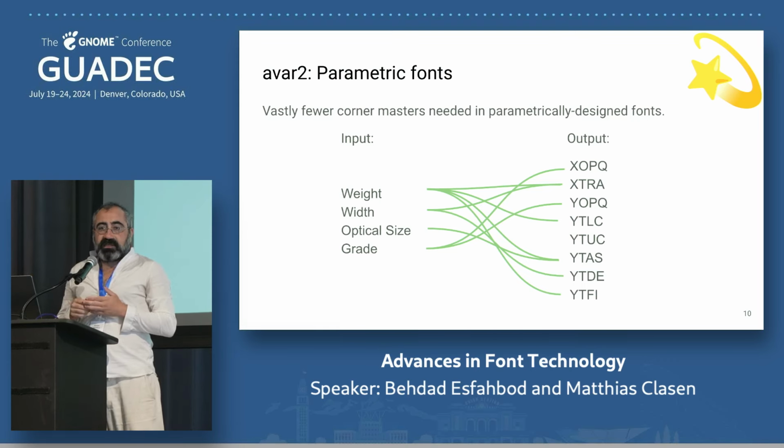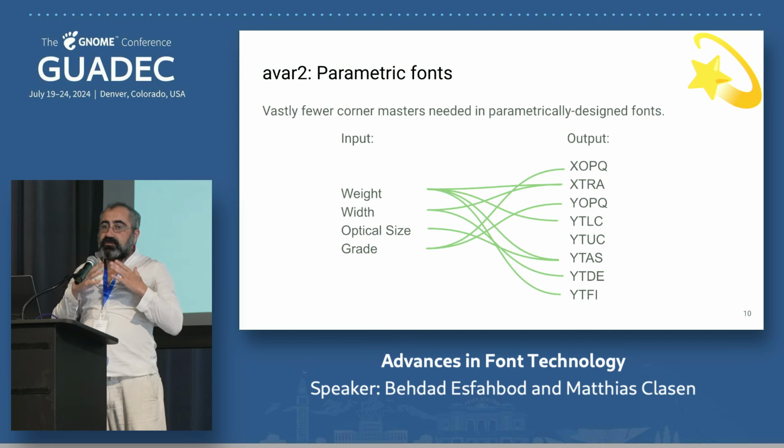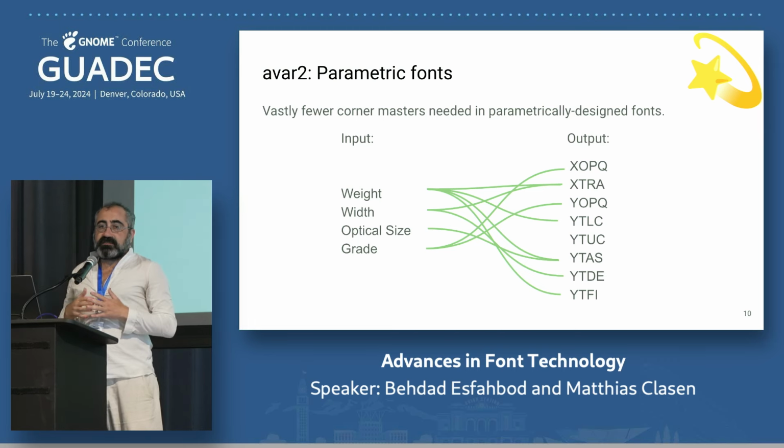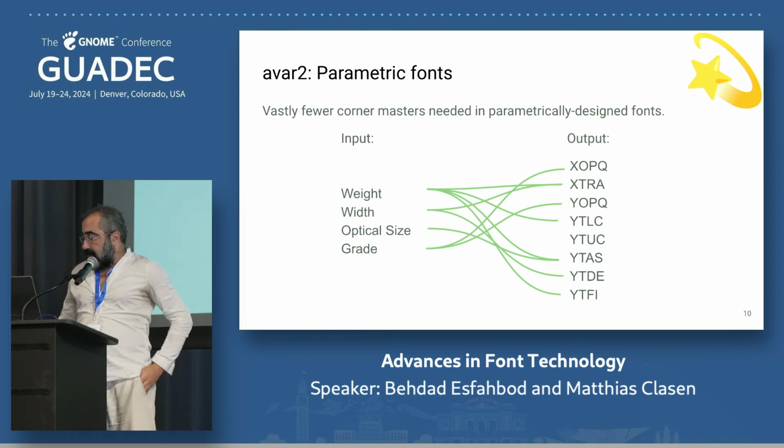Whereas with something like AVAR2, you can convert this design space problem into modular axes that are orthogonal. So instead of having to specify all the corners of the design space, you can only specify the minimum and maximum of each axis. And since they are orthogonal, they just add up and extrapolate correctly. So we can reduce something from 81 masters to 8 masters or 9 masters.